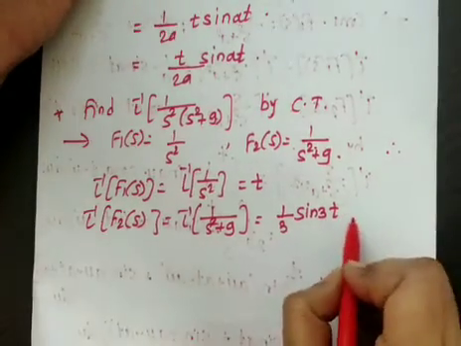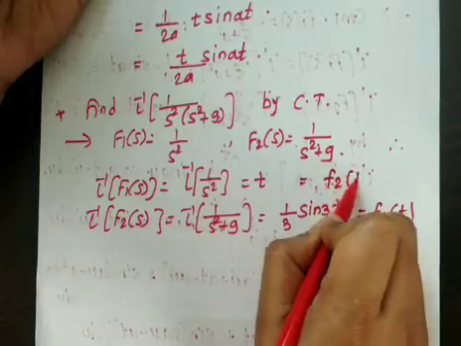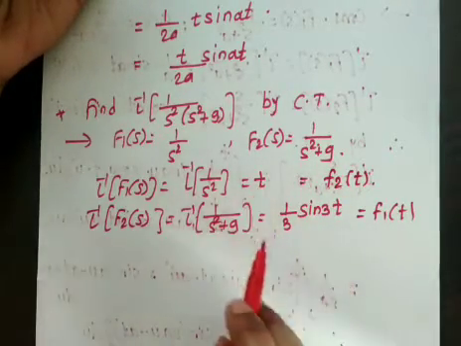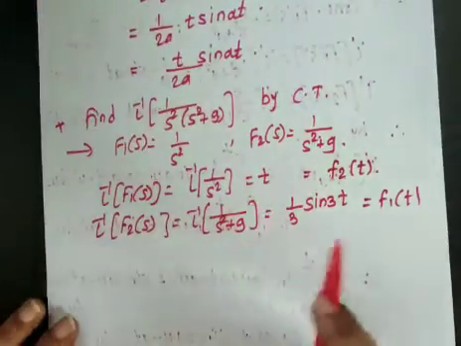Here I will call this f1(t) and this f2(t), because in your second function you need to change t to t minus u, so it is simpler to change to t minus u in this one.